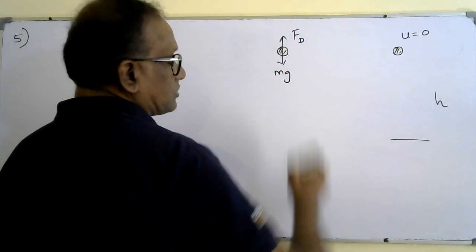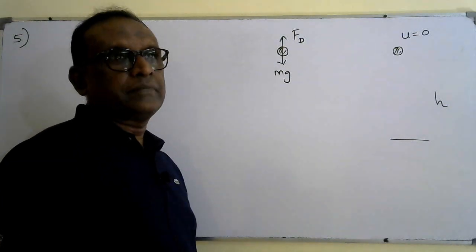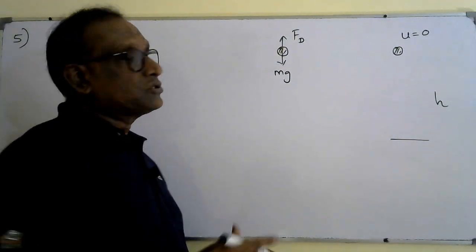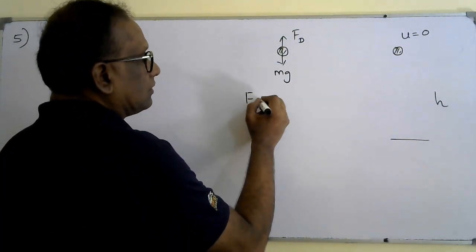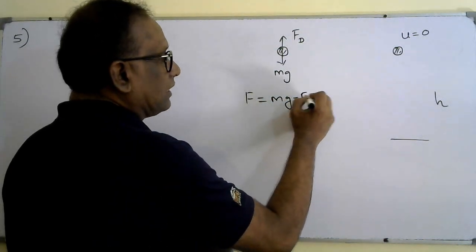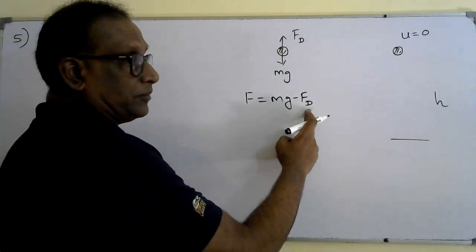We assume the drag force is constant, for simplicity, to get an expression. Normally we know the drag force changes with time. So the resultant force acting on the ball is mg minus Fd.